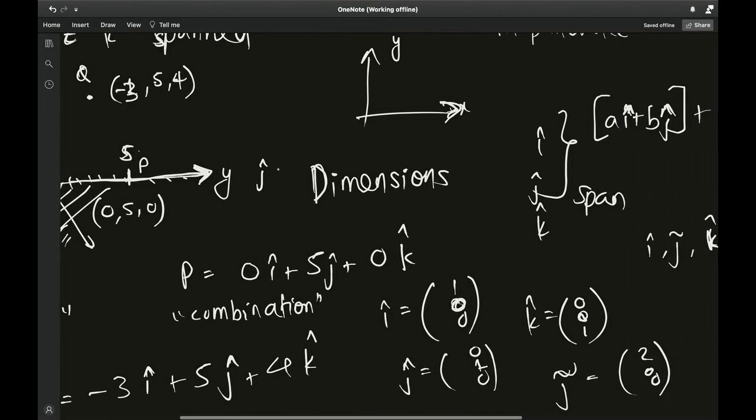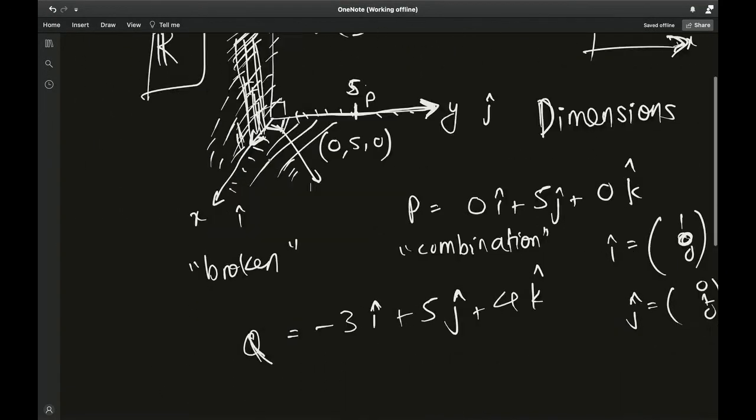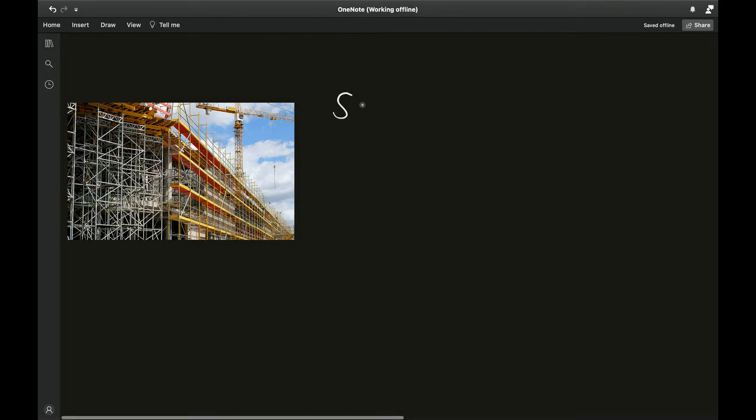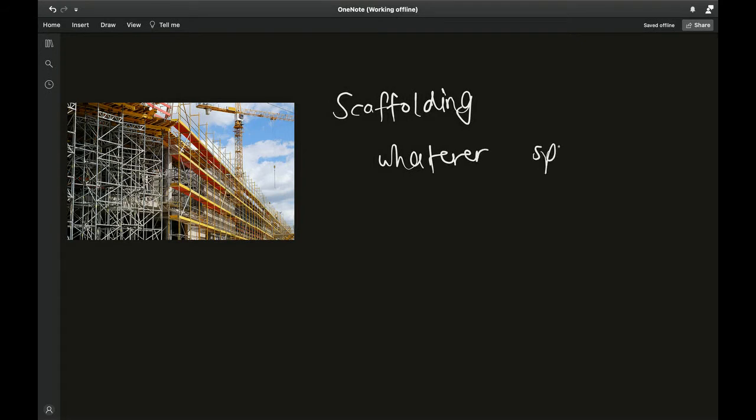So I think of bases as basically scaffoldings of whatever space they are spanning.